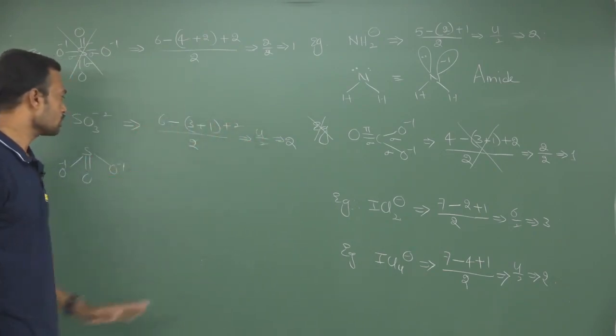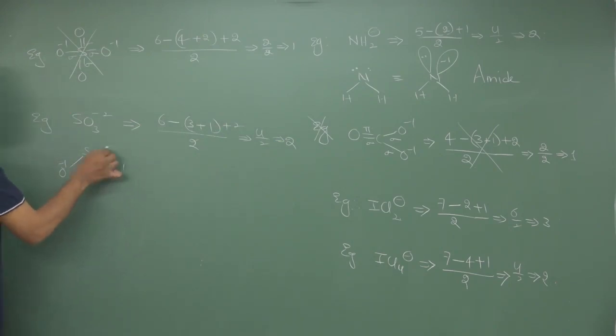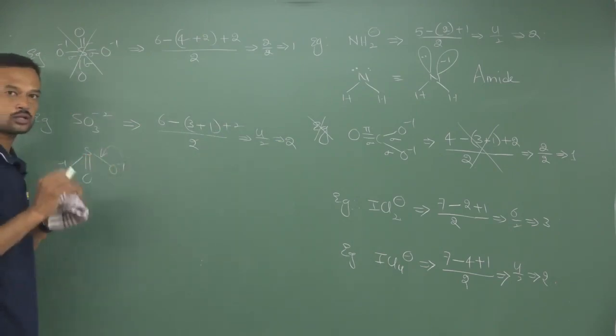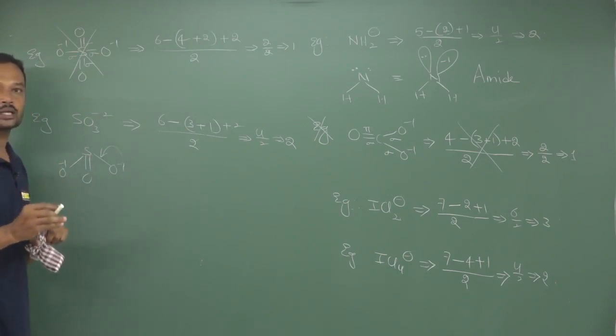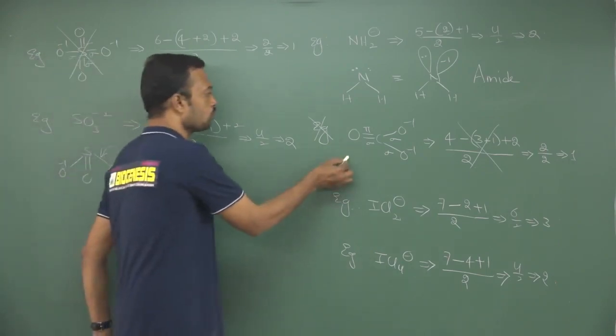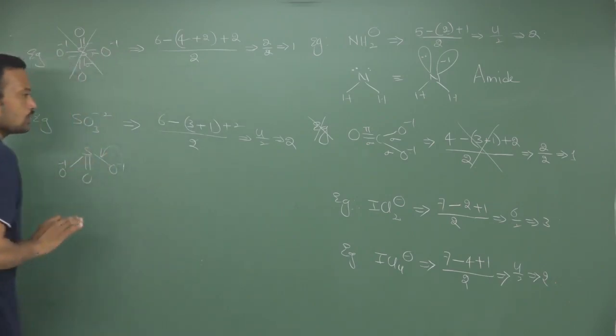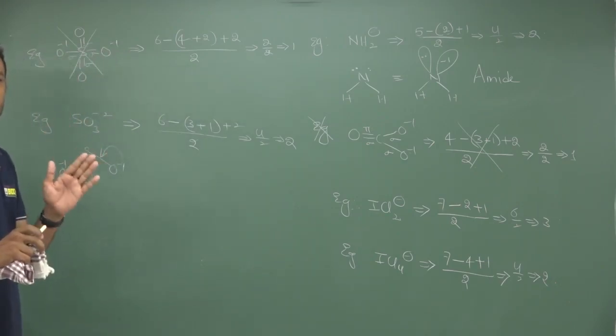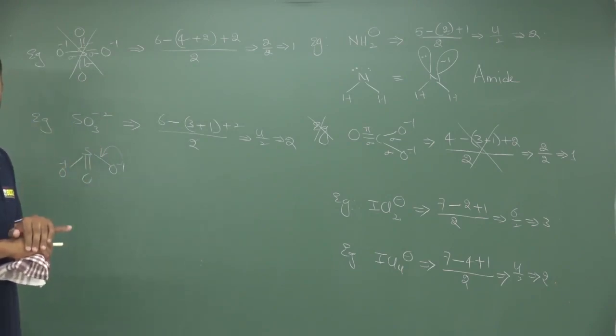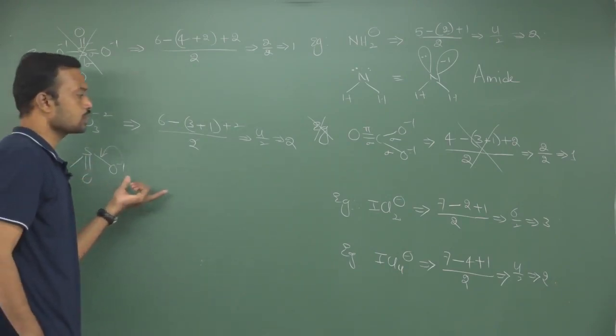Okay. So some deviations are there, especially if any molecule is involved in resonance. In those particular cases it is not easy to calculate lone pairs of electrons, such as this molecule and this molecule. But for molecules which are not involved in resonance, we can calculate the number of lone pairs of electrons in a given molecule.